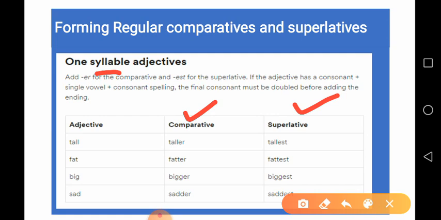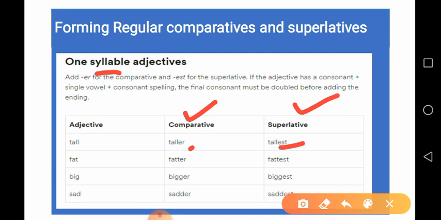See, words like tall, fat, big, sad have one sound, and therefore, they are called one syllable words. And when it is a one syllable word, while making comparative, we add "er," and while making superlative, we add "est."